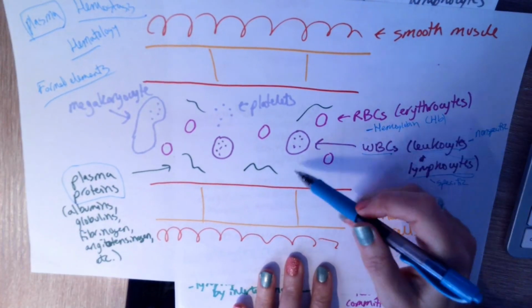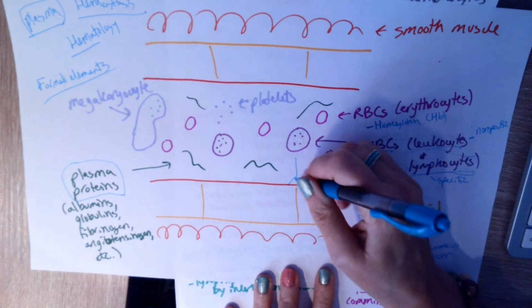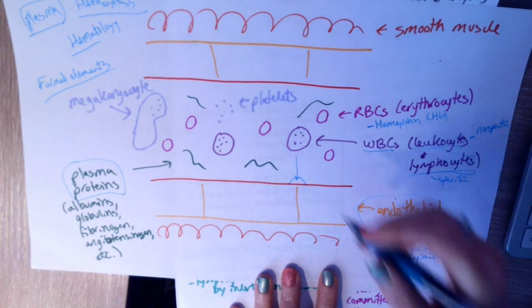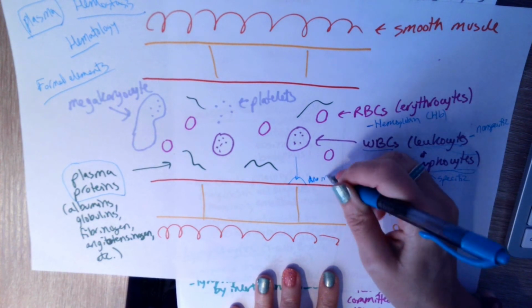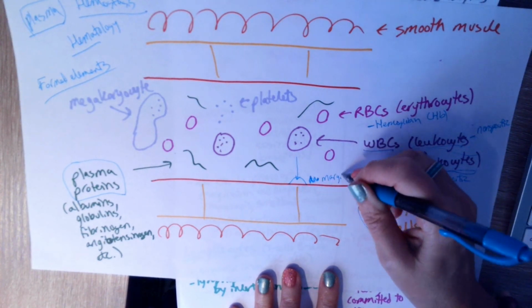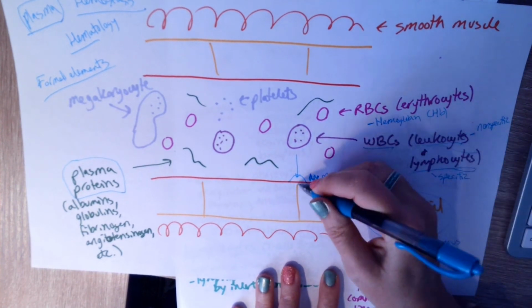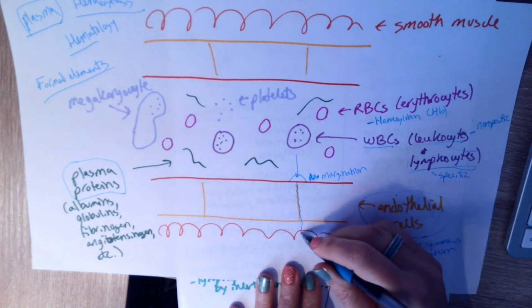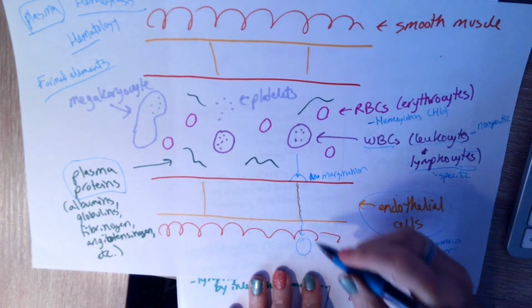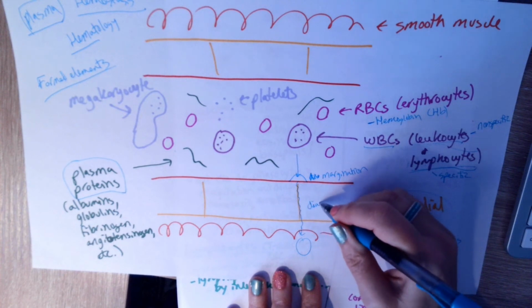So let's say the white blood cell goes to the side wall here and sticks to the endothelial cells. That's called not diapedesis yet, I'm jumping the gun. It's called margination. It's going to the margin of the blood vessel. And then it can wiggle its way through the endothelial cell and get out into the tissue. That little wiggling movement is called diapedesis.